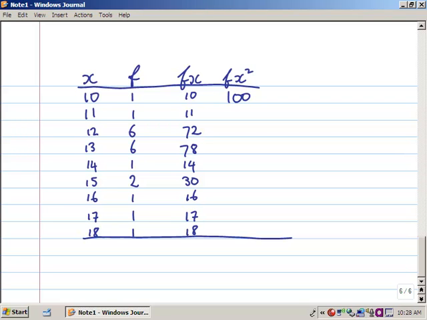Alright, let's reverse and do x squared first. So 11 squared is 121 times 1, 121. Alright, this is more difficult.